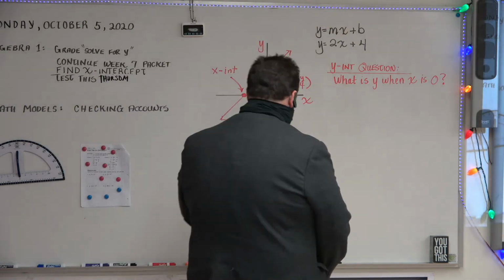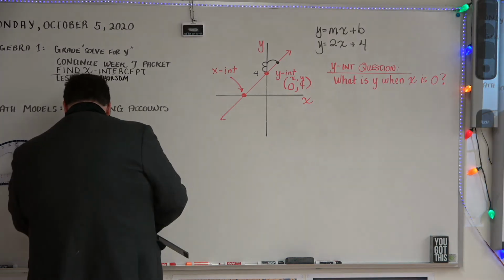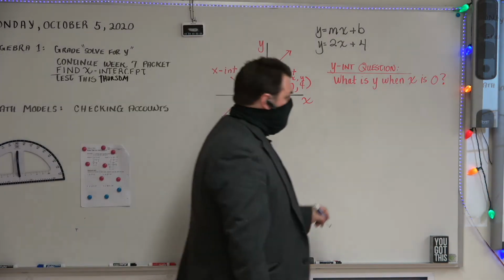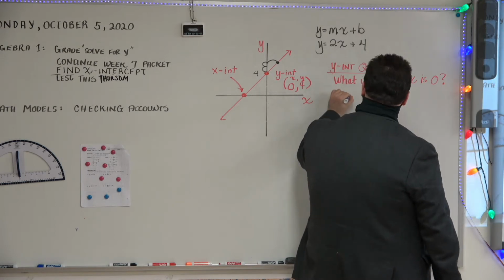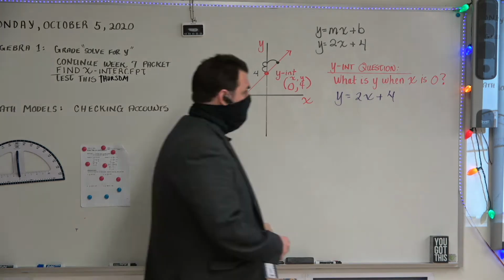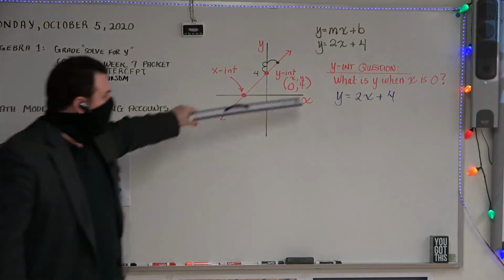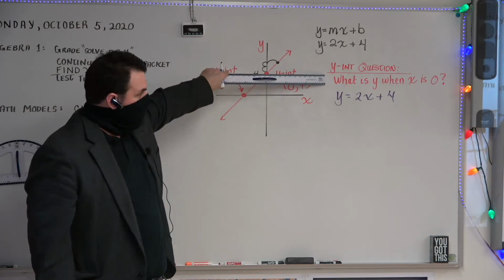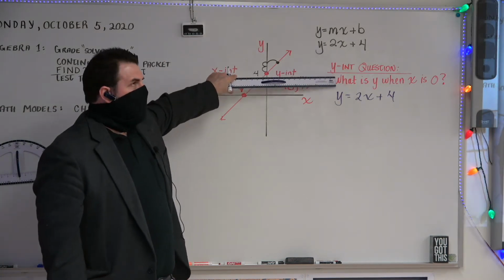4. Okay, so here's how you prove that to me. I'm glad that you guys know that. Here's how you prove it. Write this down: y = 2x + 4. Someone read this question to me. What is y when x is 0?